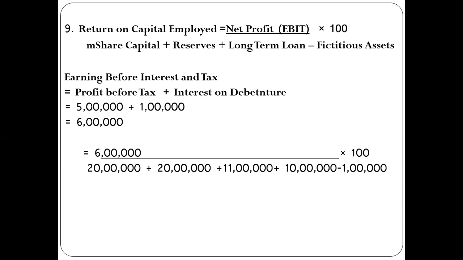So we have 6 lakhs divided by 20 lakhs plus 20 lakh, that is share capital, plus 11 lakh reserve plus 10 lakh, then minus 1 lakh. Okay, so it will become 6 lakhs divided by 60 lakh into 100. The answer will be 10%.